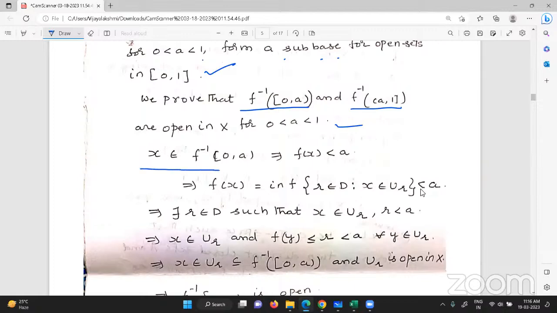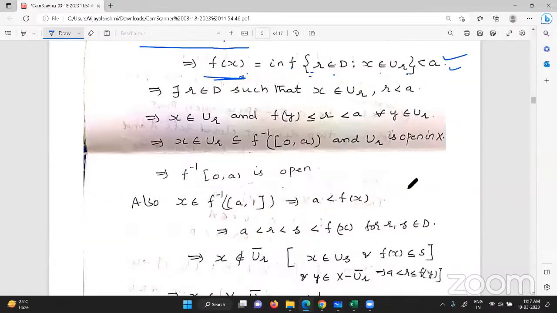So what do you mean by x belongs to f inverse 0 comma A? It means f of x belongs to 0 comma A. That means you have f of x is less than A. And what is f of x? It is nothing but the infimum of R belongs to D such that x belongs to UR. This infimum f of x less than A means the infimum is also less than A. So what do you mean by that?